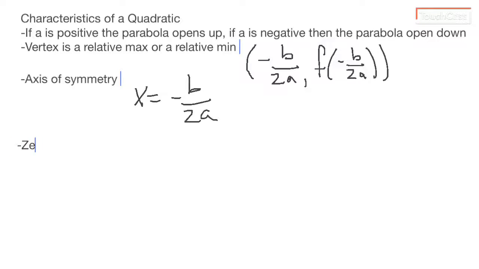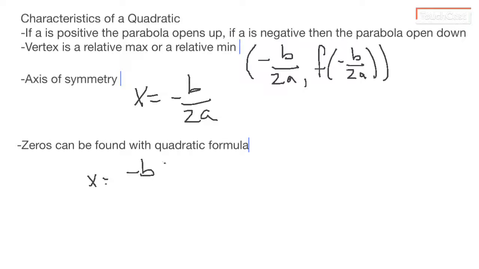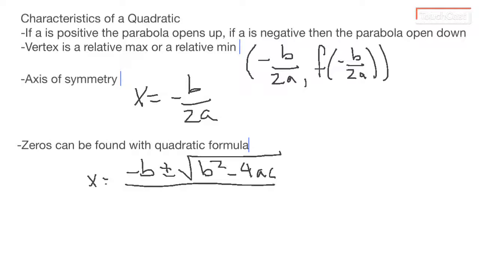The zeros can be found using the quadratic formula. If you need a quick refresher on what that formula looks like, we can find the zeros by setting x equal to negative b plus or minus the square root of b squared minus 4 times a times c, all divided by 2 times a.